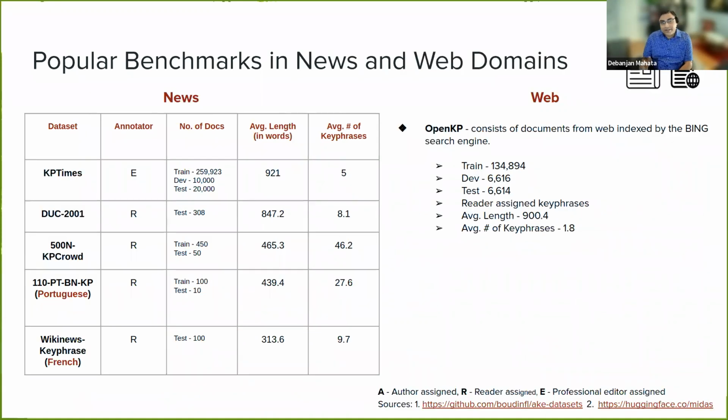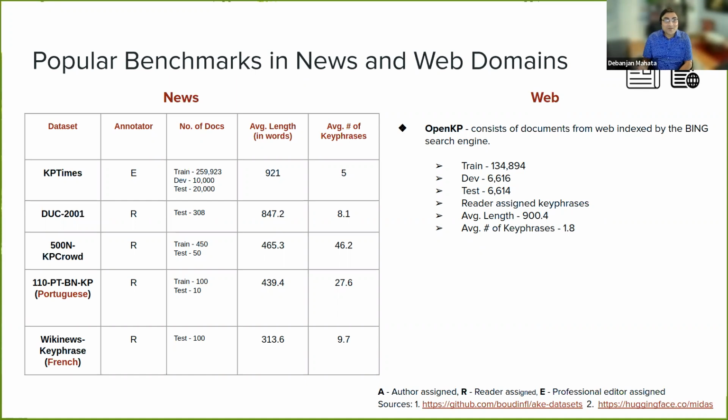Then when it comes to news and web, the situation is even harder. In news, there are hardly one or two data sets which are often used, KP Times and DUC 2001. DUC 2001 has only a handful of articles.